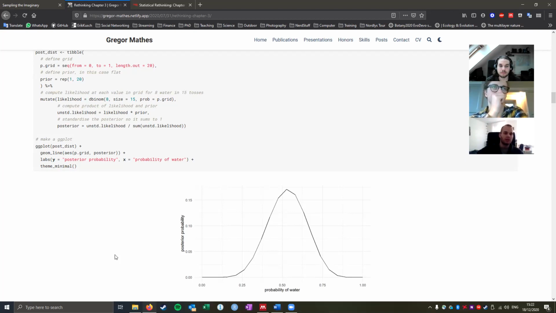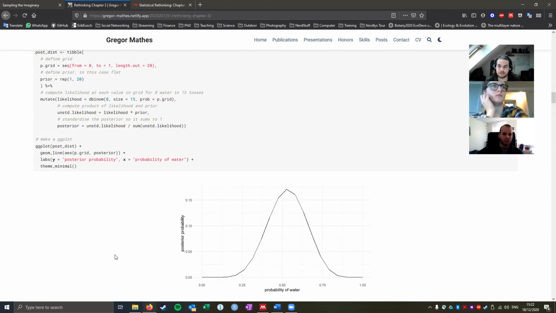From this, I calculate the unstandardized likelihood, and from this, the posterior. Should be the unstandardized posterior and then the posterior. So I was using the wrong nomenclature, I'm sorry for that.